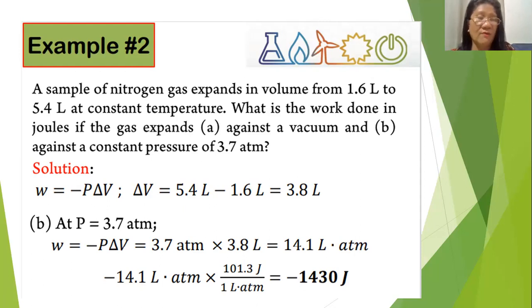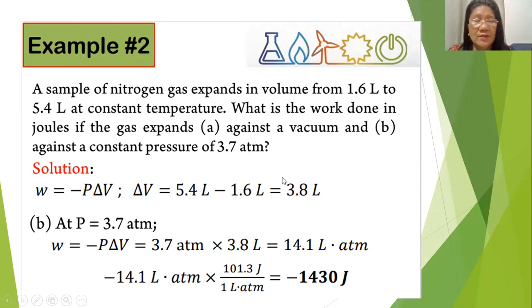And for B, what happened? Sorry for the interruption. Therefore, that is B, where pressure is equal to 3.7 atmospheres. It is not constant, the pressure is given. Constant pressure, but it has a given value of 3.7. Therefore, work is equal to negative P multiplied by change in volume. Our given pressure is 3.7 multiplied by the change in volume, which is 3.8.